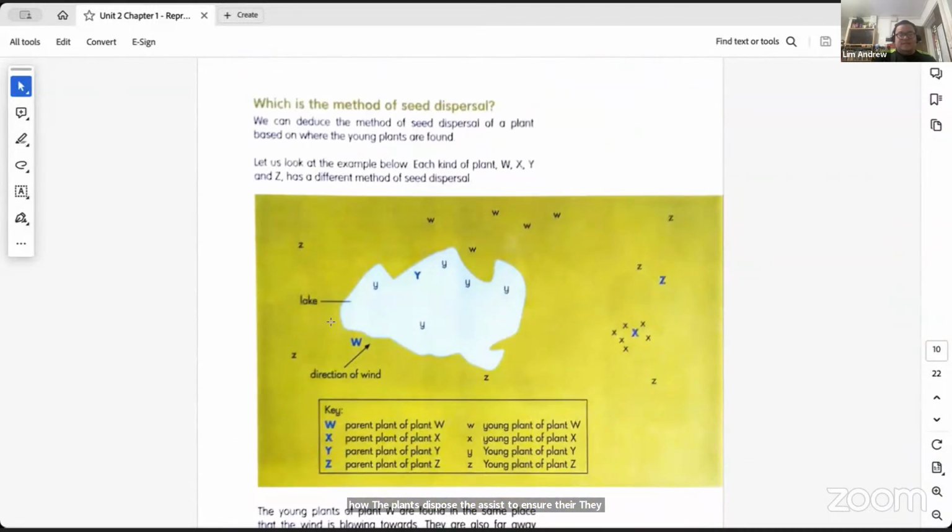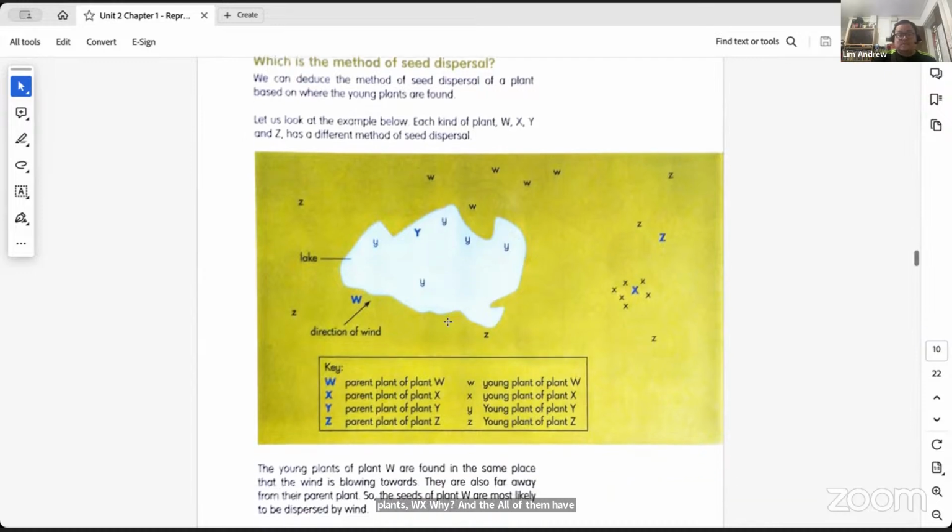So this graph shows a picture of four different plants: W, X, Y, and Z. All of them have different methods of seed dispersal.